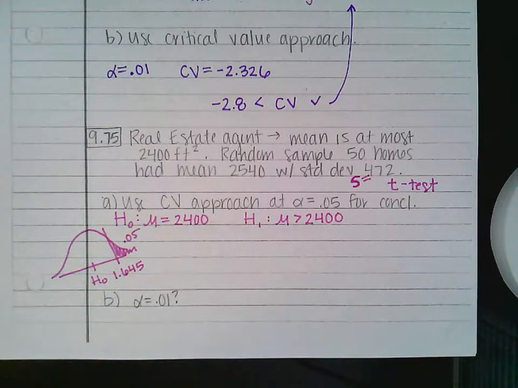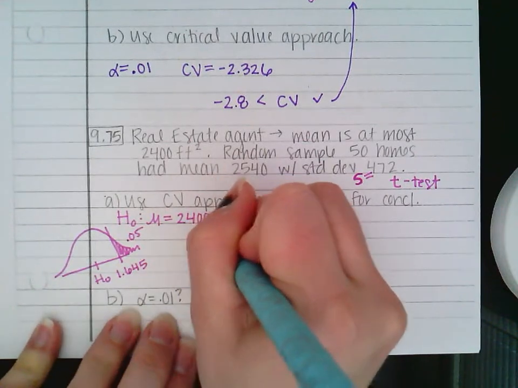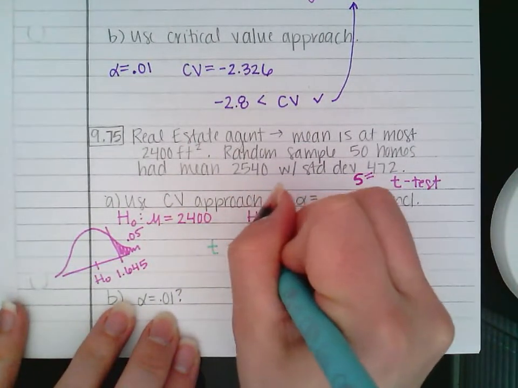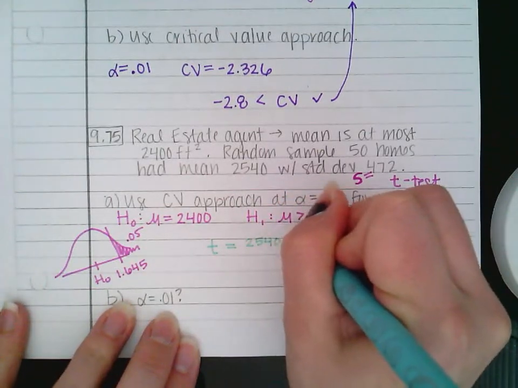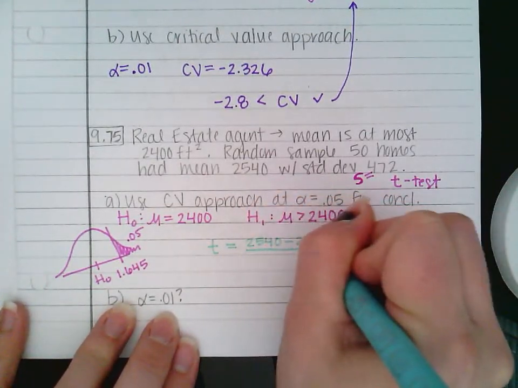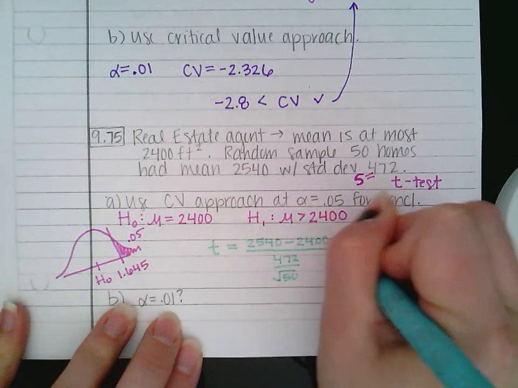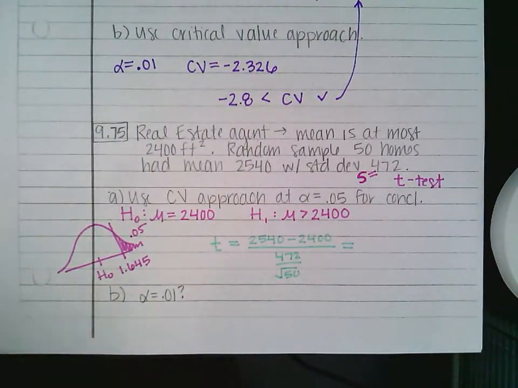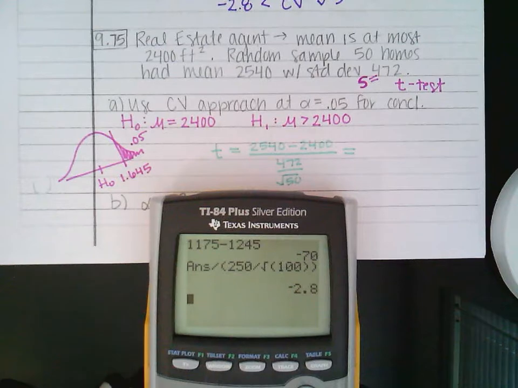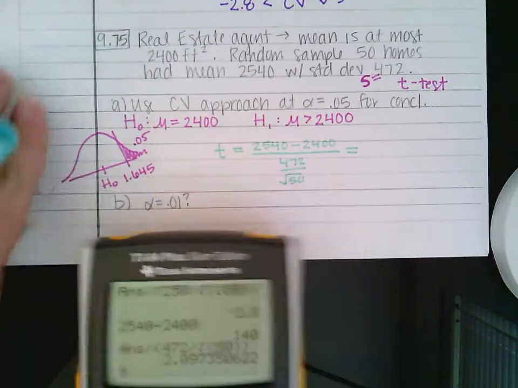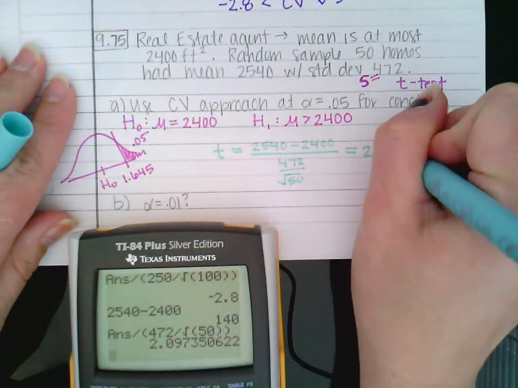Okay, so let's go ahead and calculate that T. T is equal to X bar minus the mean all over S over the square root of N. So 2,540 minus 2,400, divide that by this, and I get 2.097.